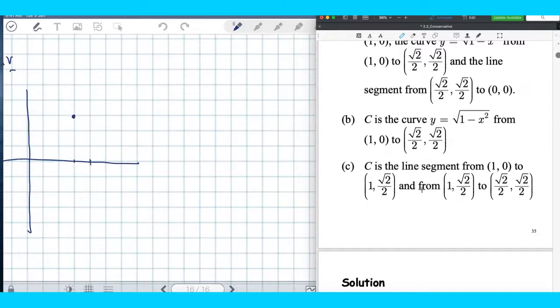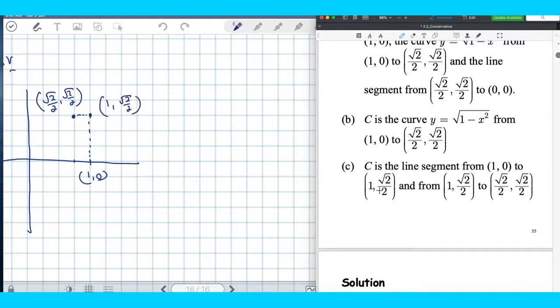So let's say this is 1 0, and this one is sec 2 over 2, sec 2 over 2. So you have to read the instruction carefully. Line segment from 1 0 to 1 sec 2. So this one is the point 1, sec 2 over 2.